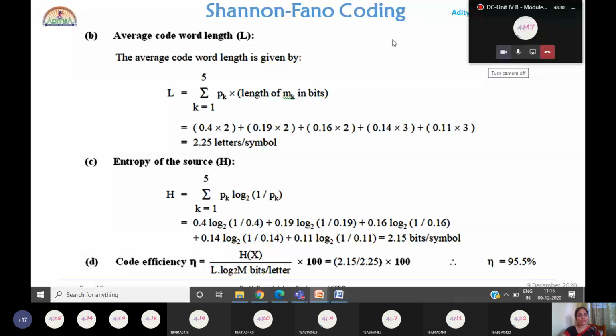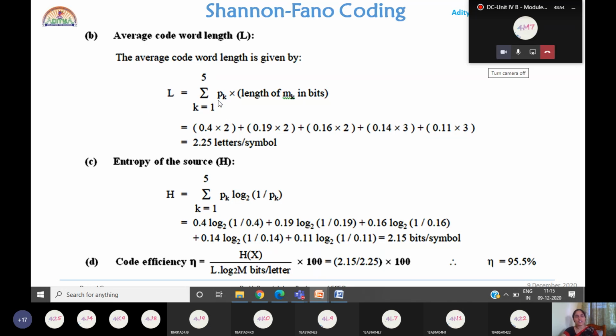Now what parameters do you need to calculate from the table? Average code word length, represented with the capital letter L. Source entropy, capital H. And efficiency, represented as eta. So what is the definition of average code word length?